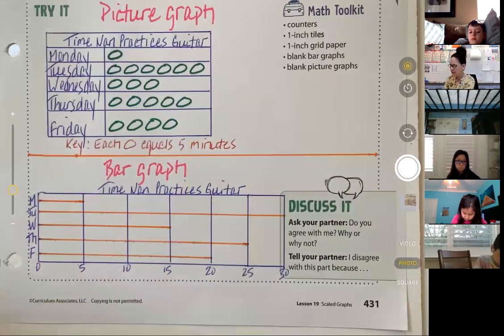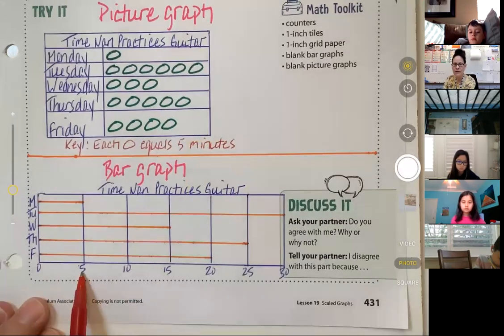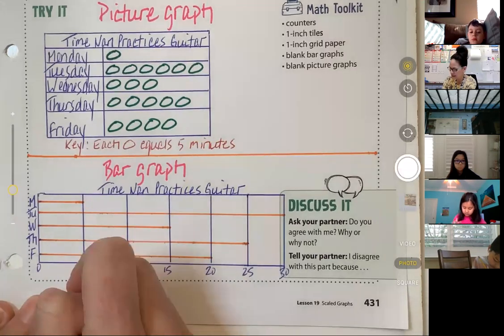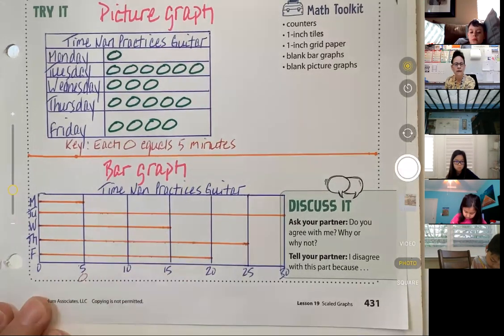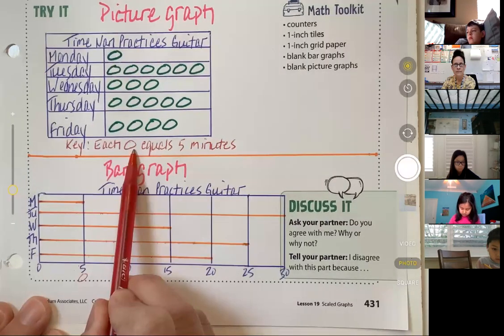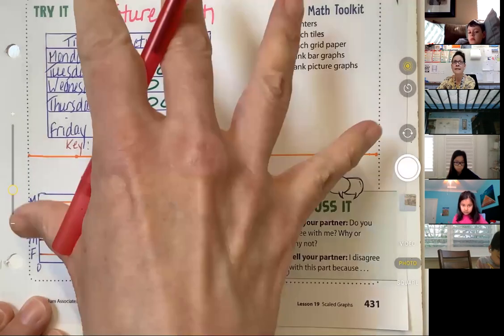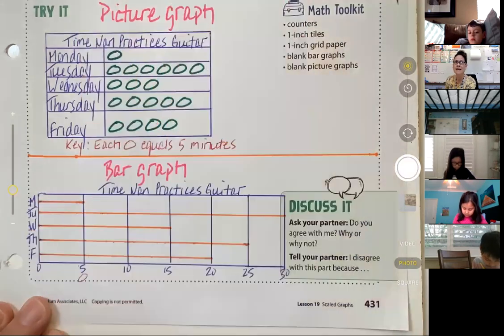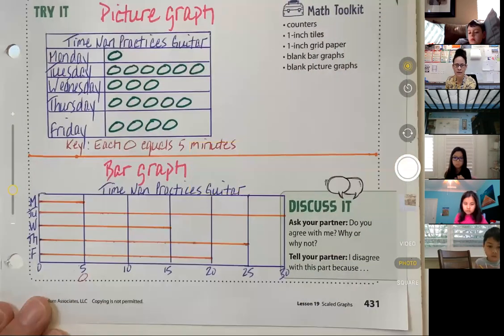I could say, oh, that 5, okay, that's like a circle, right? It's the same as up here. That's the scale. Again, friends, the bigger idea is that we're representing the same data, just in a slightly different way.